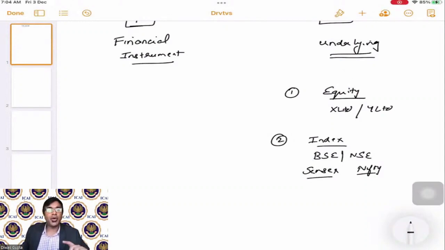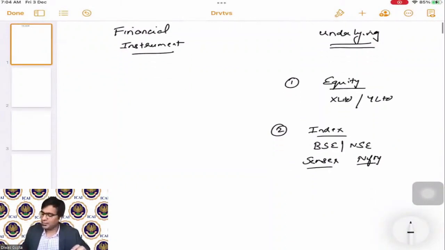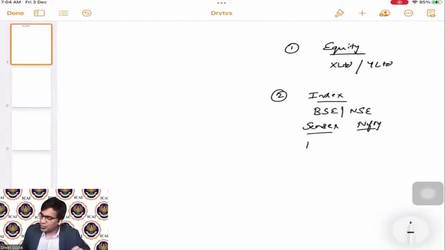So here we are not saying that the financial instrument is the index. The derivative is not the index. The financial instrument or the derivative, which is A, is deriving its value from the index. For example, if Sensex goes up, then the derivative's value will also go up.